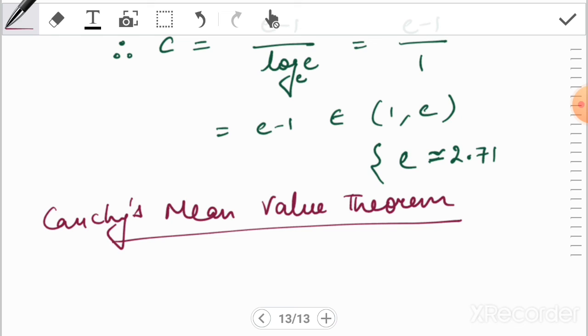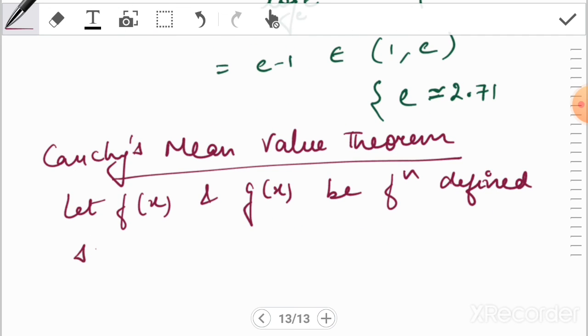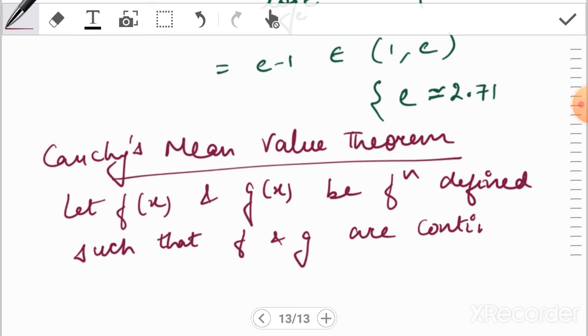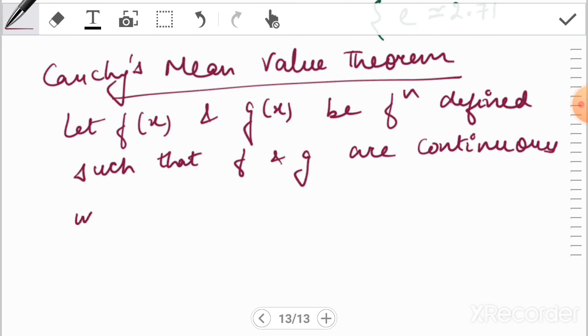So let f(x) and g(x) be two functions defined such that f and g are continuous in the closed interval [a, b].